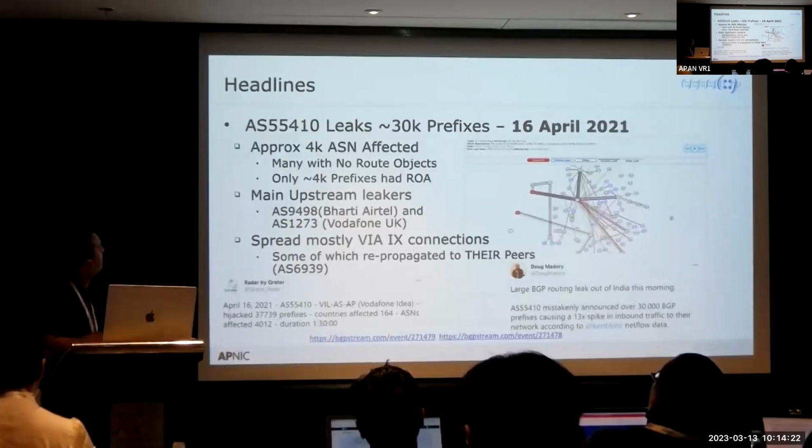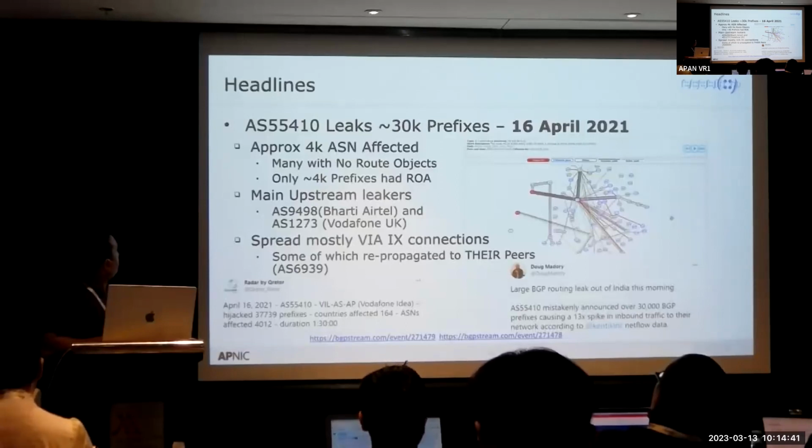And of around 30K prefixes, only 4,000 prefixes had their ROAs, right? So even if the upstream provider were to be filtering these routes, maybe they would only filter 4,000 routes out of the 30,000 prefixes, right? So one of the many upstream providers is 9498, that's Bharti, and 1273, that's Vodafone Global.